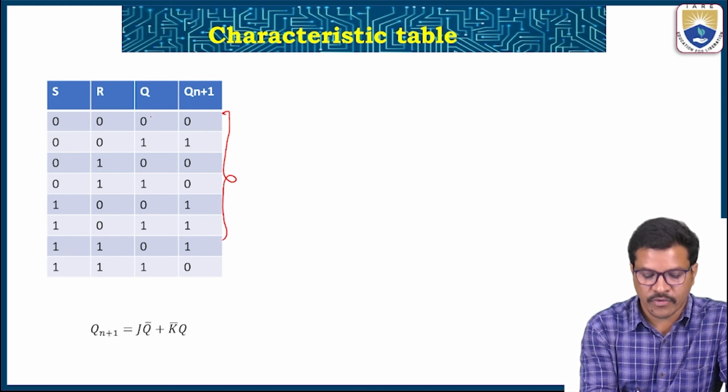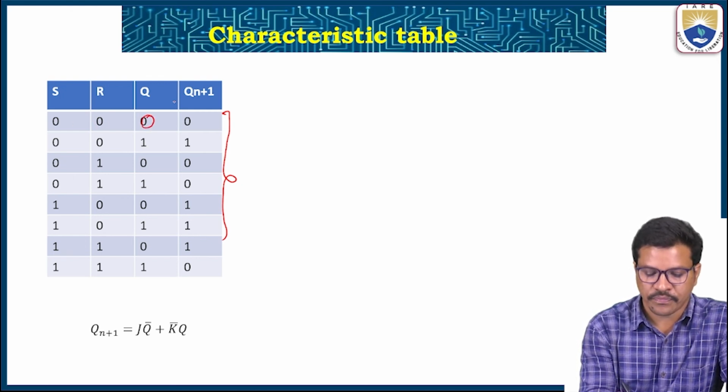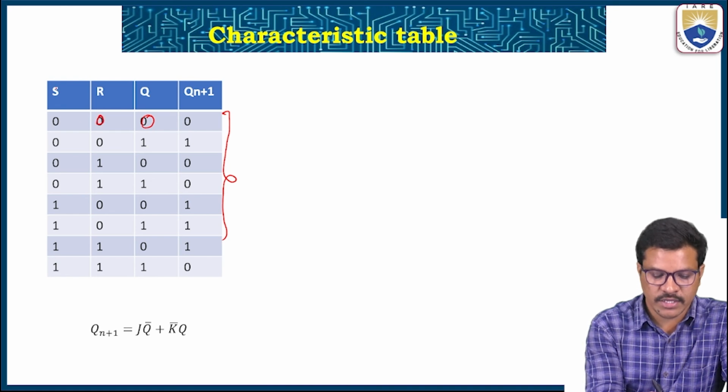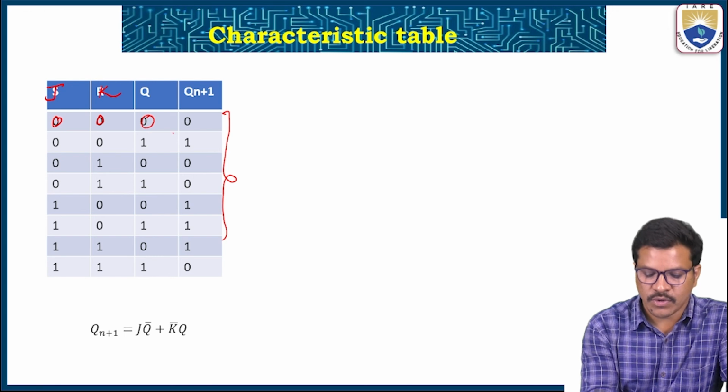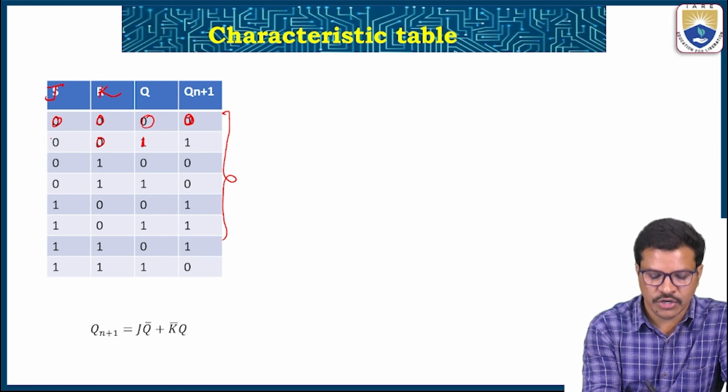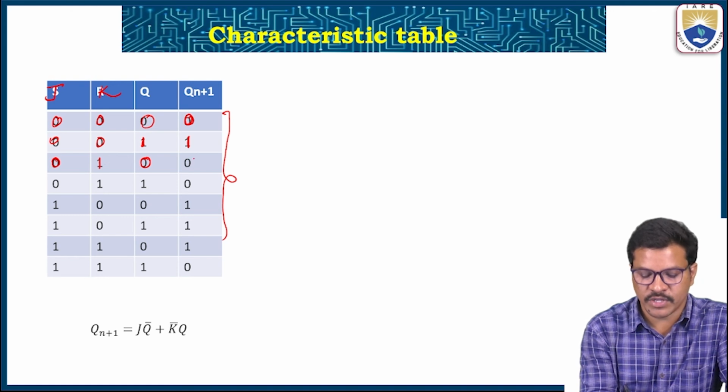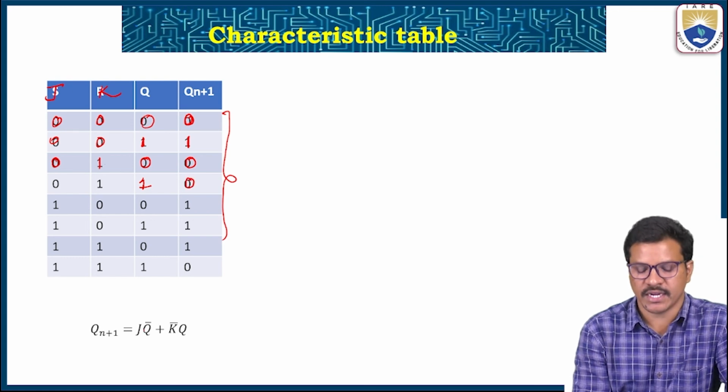Assume that initially J is 0 and K is 0, so the previous state is unchanged. If it's 1, with 0, 0, it is also unchanged. If presently it is 0 and my inputs are J0, K1, that means a reset. Even though the previous output is 1, you will get the reset.